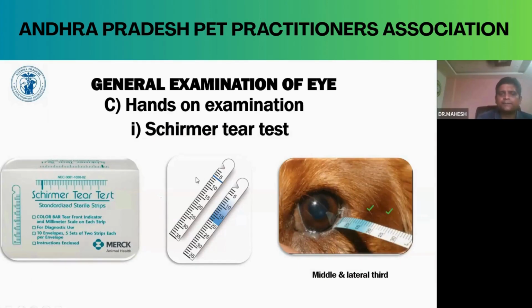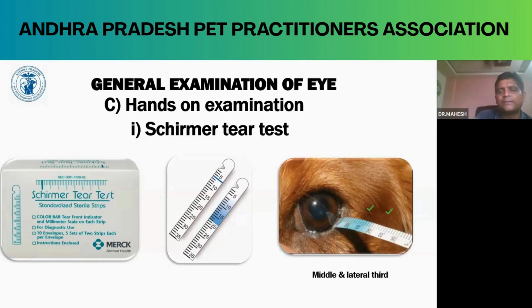If you see the strip, you can see a notch at the proximal end, and also a bright blue color. Whenever you place it on the lower fornix, you can appreciate the wetness like this. This is the strip after placing the Schirmer strip into the lower fornix.